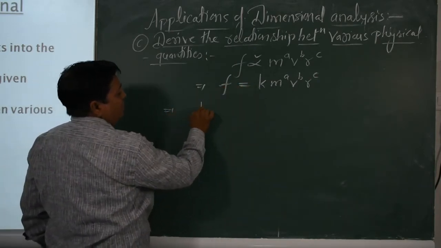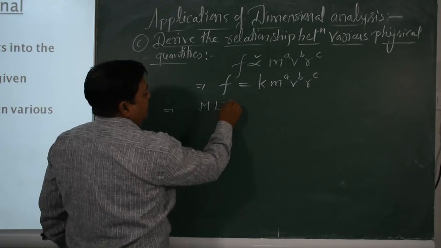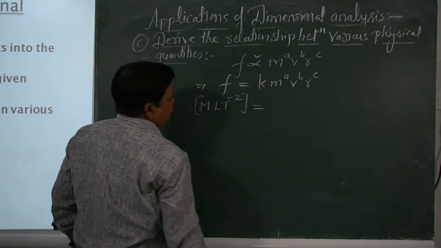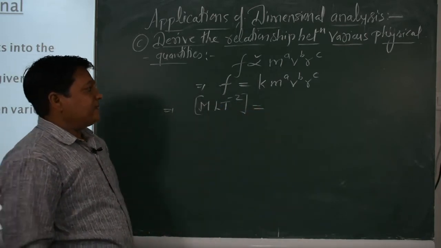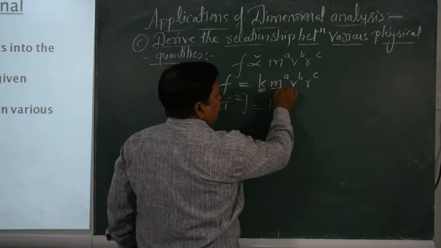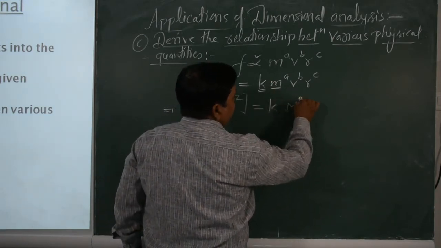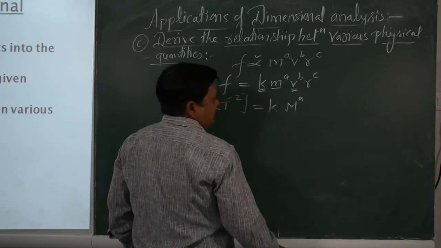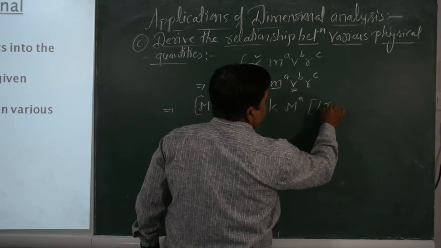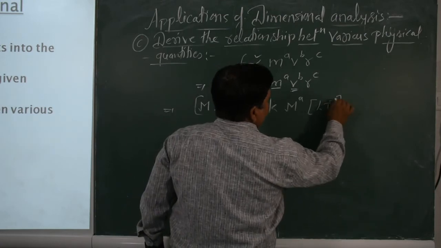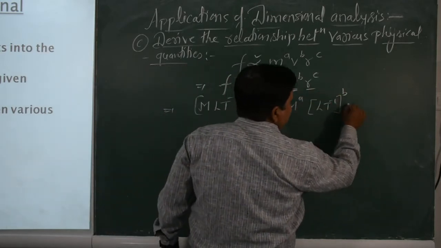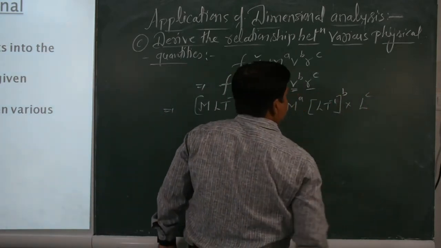Dimensional formula of force is M L T to the power minus 2, which is equal to, here k is constant, m means mass, M to the power a, velocity, dimensional formula of velocity, L T to the power minus 1 to the whole power b, and r is the radius, that is distance only, so L to the power c.